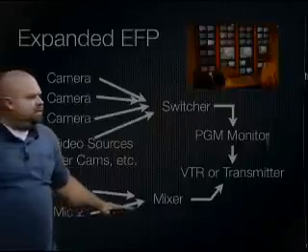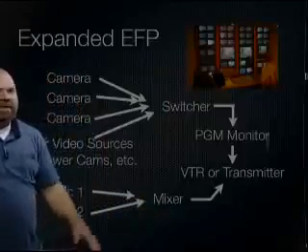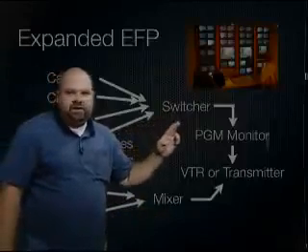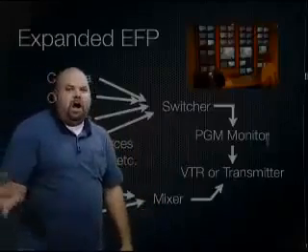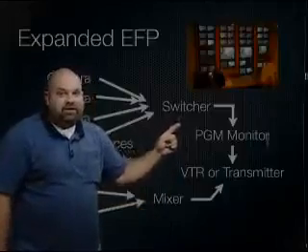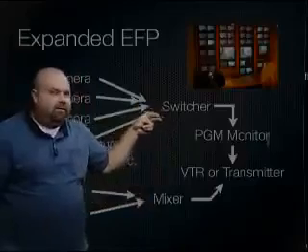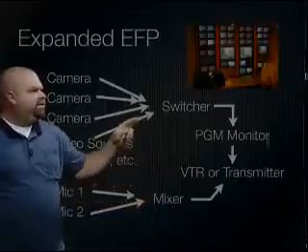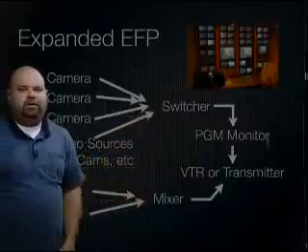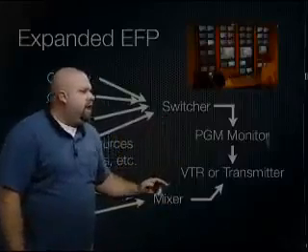Now, those sources of audio are fed into what's called a mixer. Switchers switch video. Mixers mix audio. Switchers are for video. Mixers are for audio. I have a couple of pictures of a switcher or two and a mixer or two that I'll talk to you about in just a second. But switchers handle the video, mixers handle the audio.